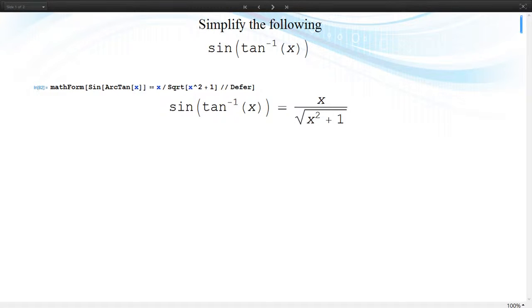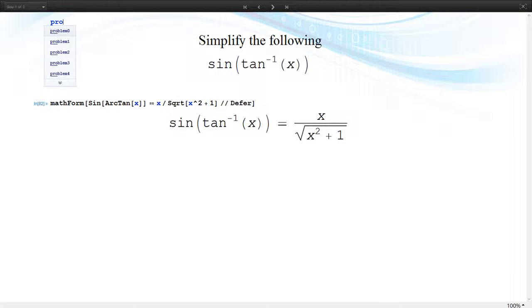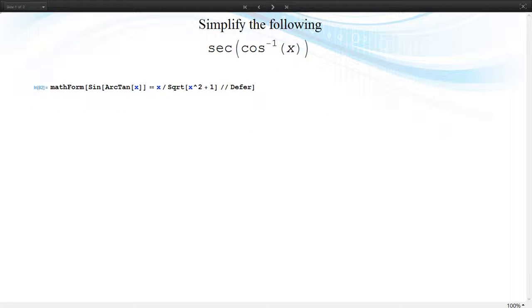Now we get to see what our next problem is. Problem 2. Simplify the following: secant of cosine inverse of x. Maybe some of you have realized it already, but this is a trick question.